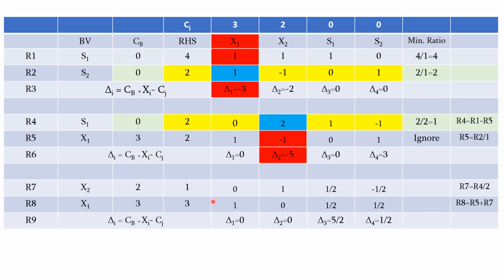So you have obtained the values of x1 and x2. Suppose x2 or x1 is not there in the basis, then its value will be 0. If it is there in the basis, whatever the corresponding value in the RHS, that you have to consider. So we got the values of x1 and x2: 3 and 1.